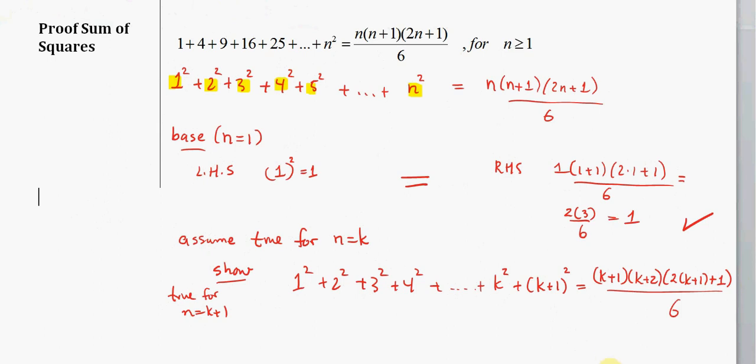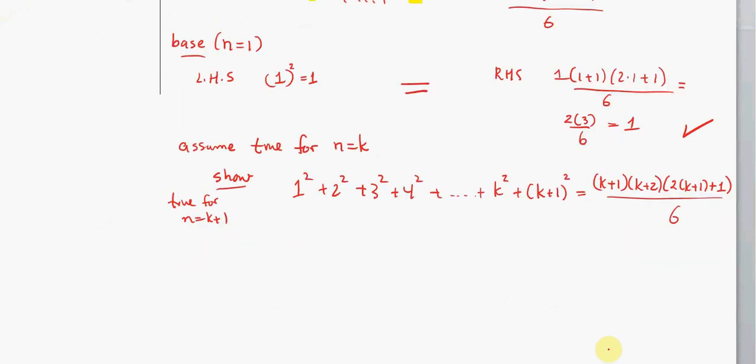Okay. And again, to show this, we rely heavily, and it's really one of the nice things about induction, there's like only 1 or 2 things you can do. We're going to use the inductive step here, the inductive assumption, because we get to assume that the formula is true for n equals k.